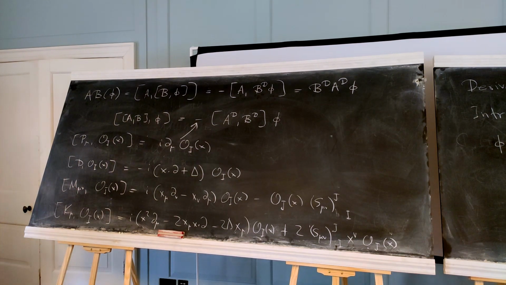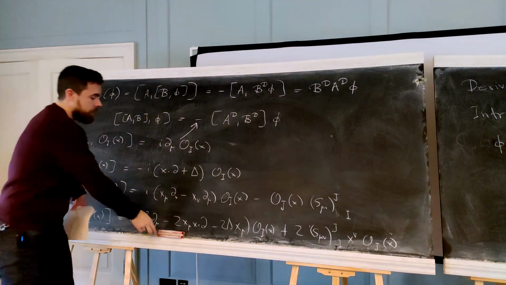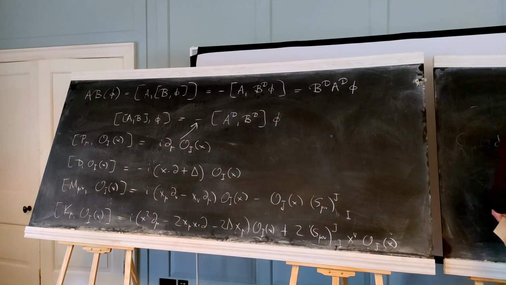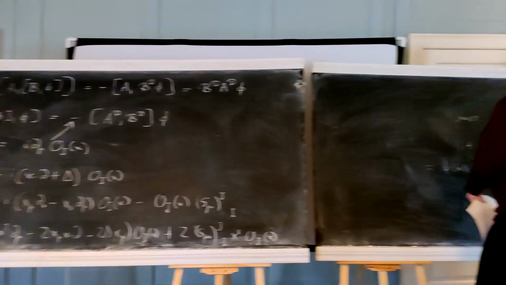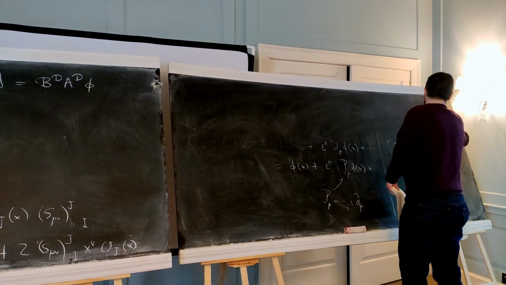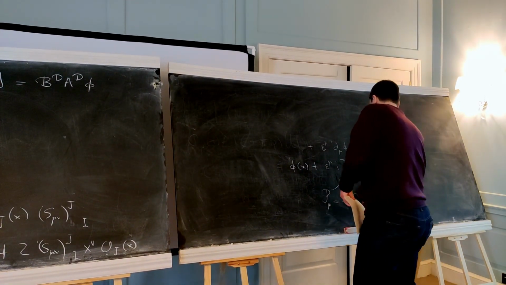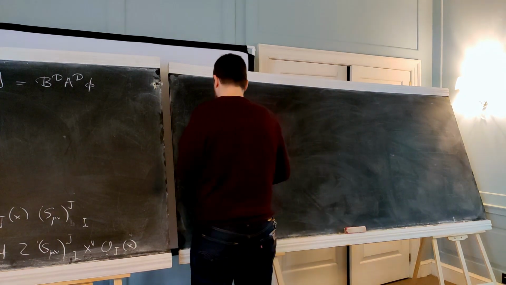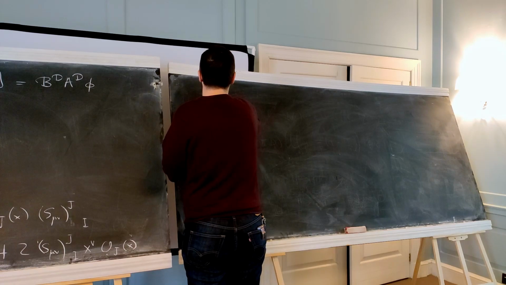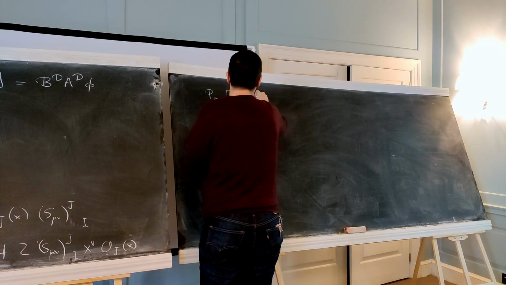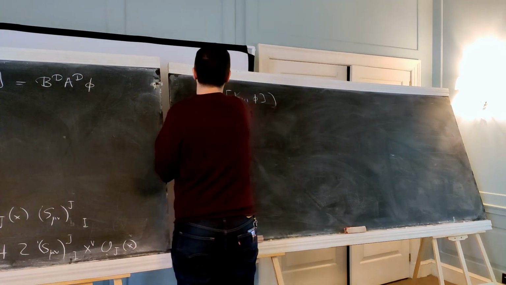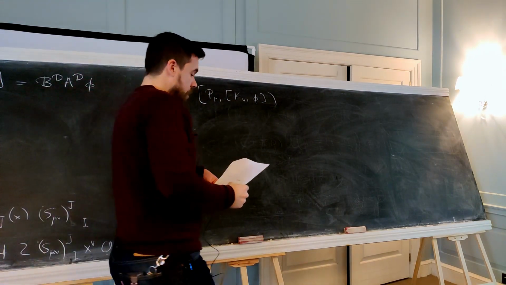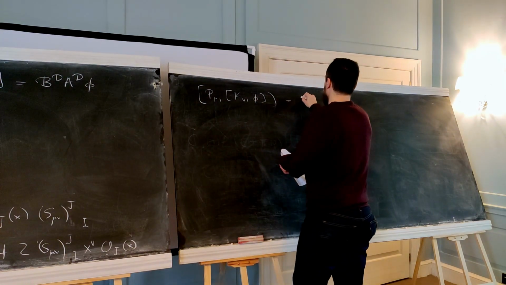Okay? And now you can see also why the order reversal is important, that you guys were asking about earlier. So let's see why. If I were to take a primary operator, let's call it phi, and I were to compute this commutator over here, then, if the operator is a primary, I better get 0, right?